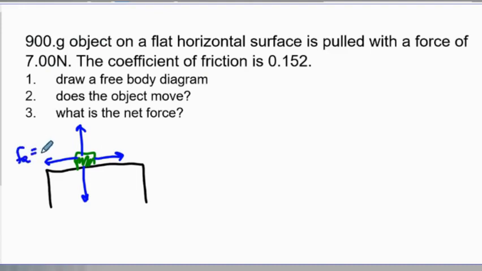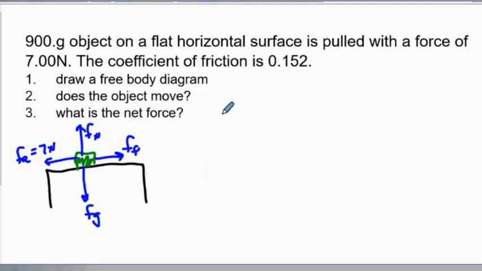My FA is 7 newtons. Friction is opposing that. I have a downward force due to gravity. And then I've got this upward force, which is my normal force. So there's my free body diagram. I may have to change the lengths of the arrows to make sure that it's all in perspective.